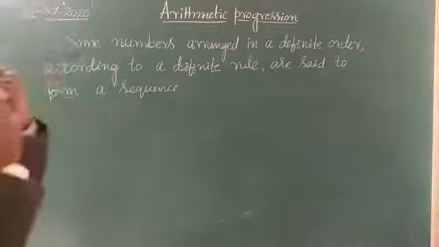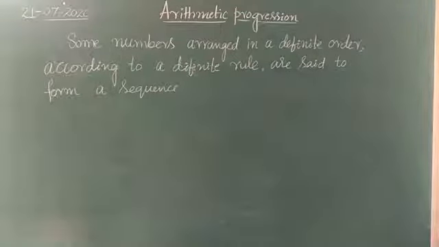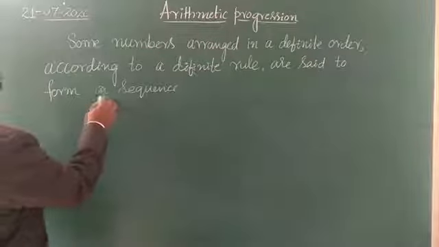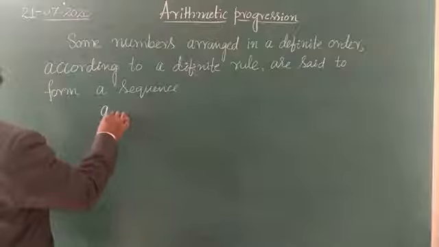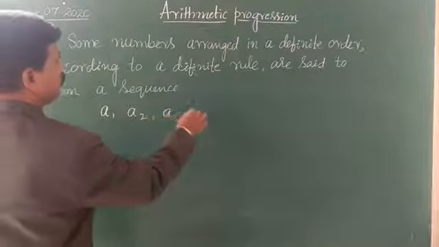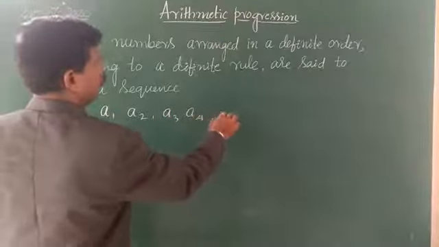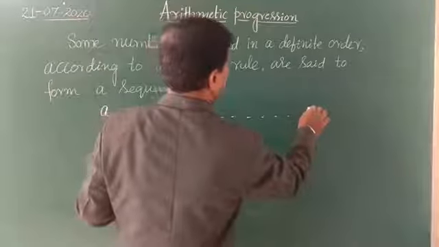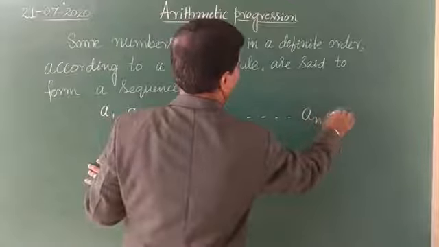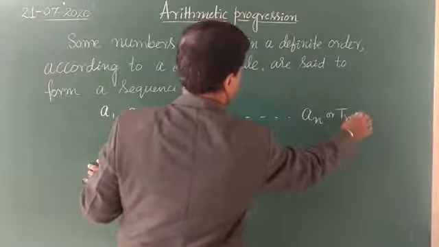Okay. Now here, in this sequence, the general terms we are writing as A1, A2, A3, A4, etc. The last one is called AN or TN.